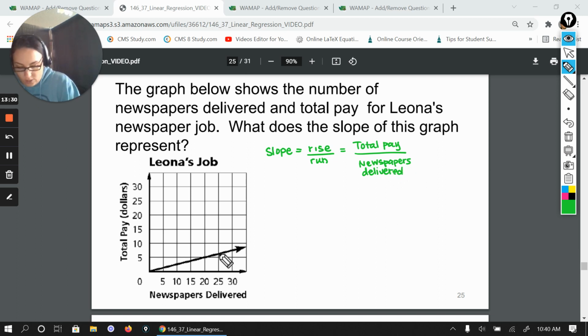Okay, so let's try to measure the rise over the run between 2 points on this graph. So the rise would be 5, and the run would be 5, 10, 15, 20. So 5 over 20 means $5 of total pay for 20 newspapers delivered.